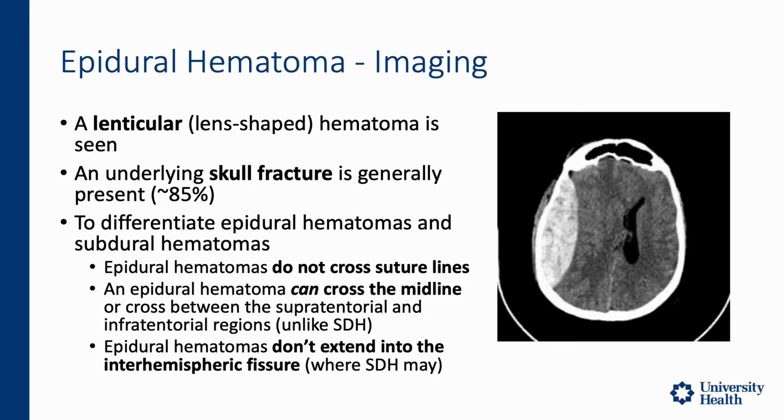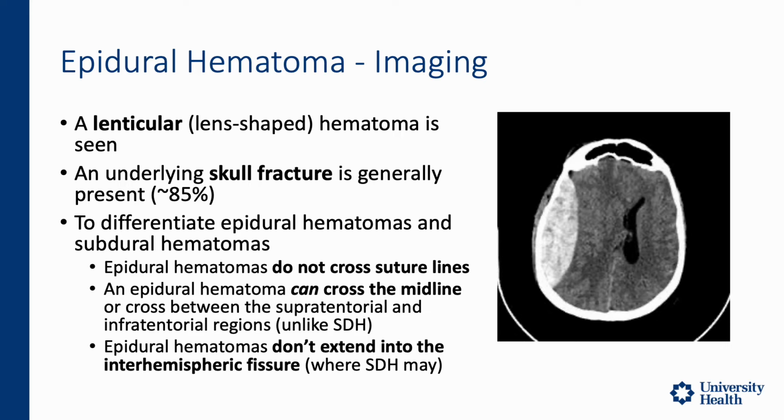So epidural hematomas don't cross suture lines, while subdural hematomas do. But an epidural hematoma can cross the midline or cross between supratentorial and infratentorial regions, where subdural hematomas don't. Epidural hematomas usually don't extend into the interhemispheric fissure, whereas subdural hematomas can.